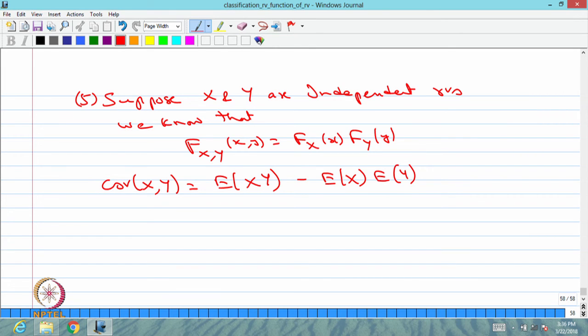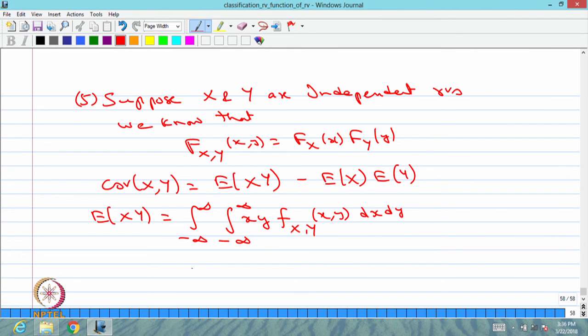When two random variables are independent, the expectation of x into y, suppose I assume that both the random variables are of the continuous type, is nothing but the integral from minus infinity to infinity, and again minus infinity to infinity, of x times y times the joint probability density function of x comma y dx dy. I am making the assumption that both random variables are of the continuous type. A similar derivation can be done for discrete type random variables also.